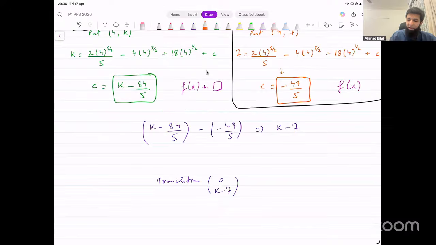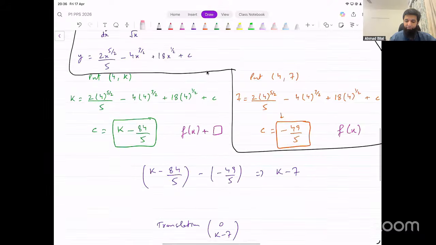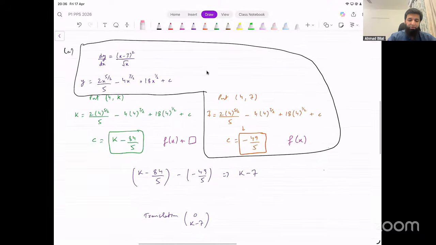We're trying to see how you get from negative 49 over 5 to k minus 84 over 5. That's k minus 84 over 5 minus negative 49 over 5, and that gives you the number you need to add outside to get to that second curve. So that is why the translation vector becomes this. Is that okay?